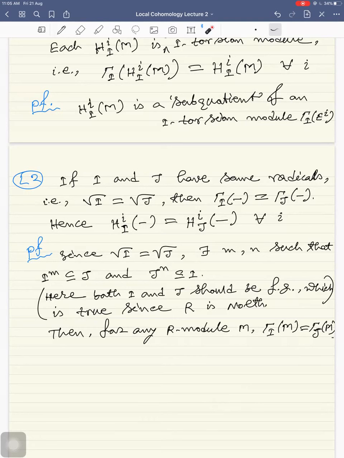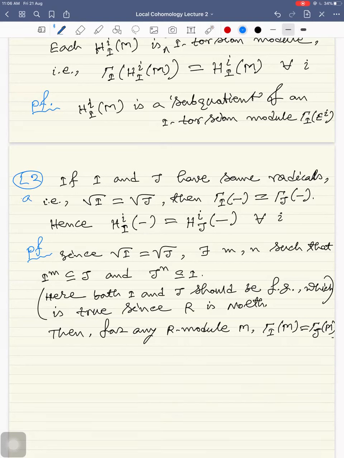So that element will be there. Using this containment, you can prove one containment, and using the other containment relation, you can prove the reverse containment. So you can prove this equality, and in particular it proves that both functors are actually the same. Once they are the same, they induce the same right derived functors, and those are the ith local cohomology functors with respect to the ideals I and J.